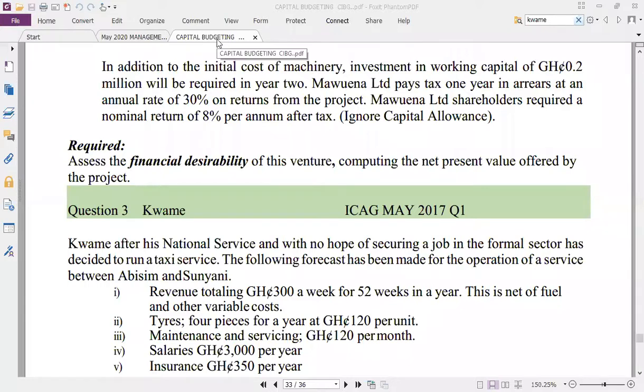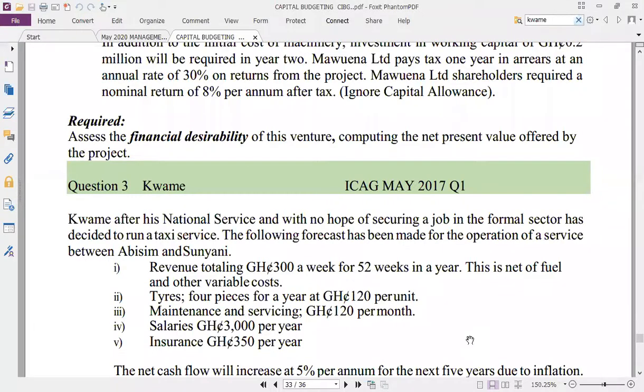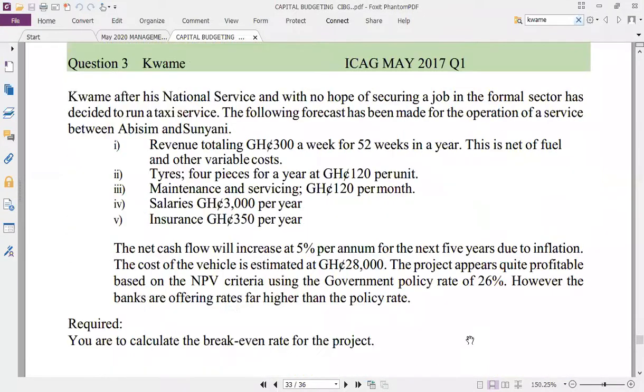Required: you are to calculate the break-even rate for the project. Break-even rate for the project. So now let's see.